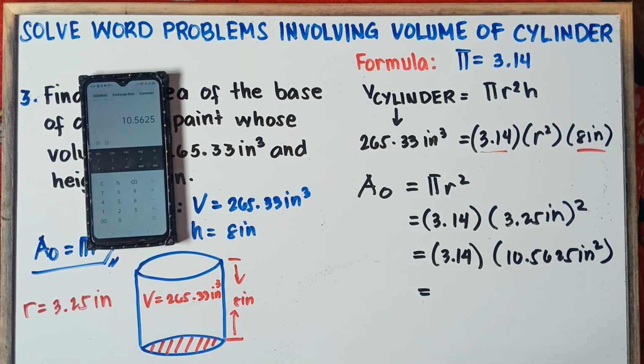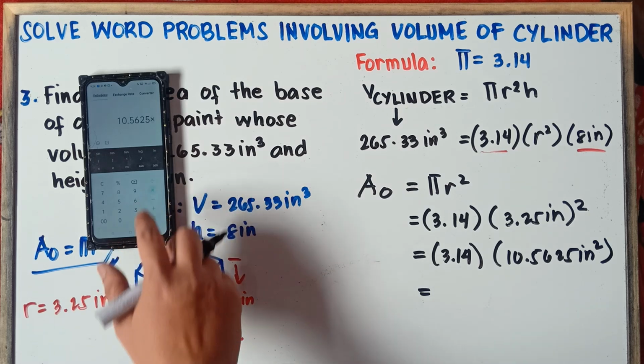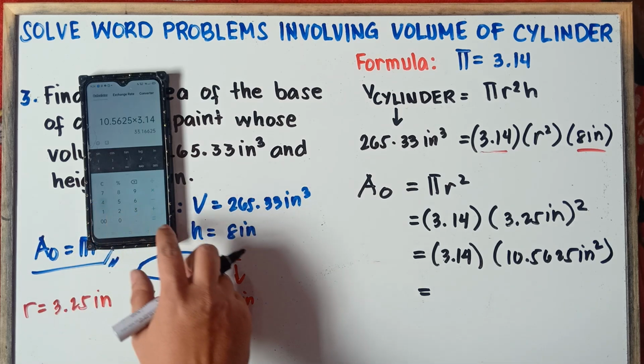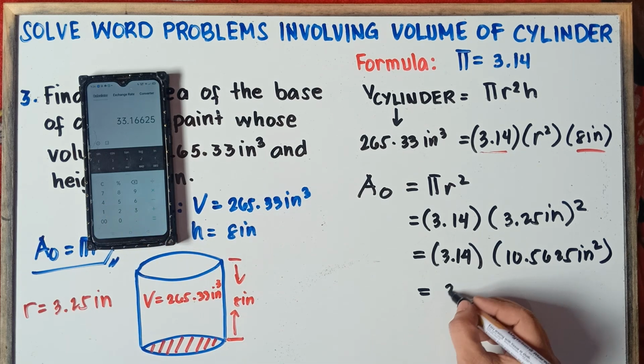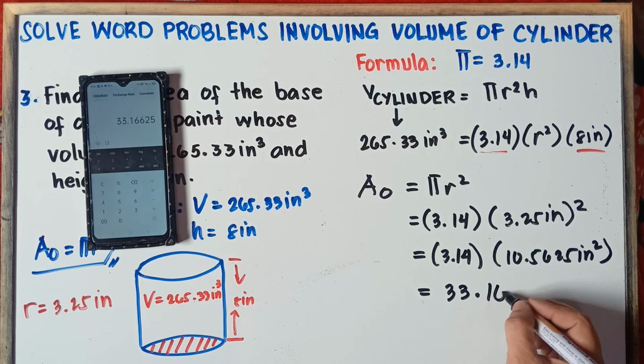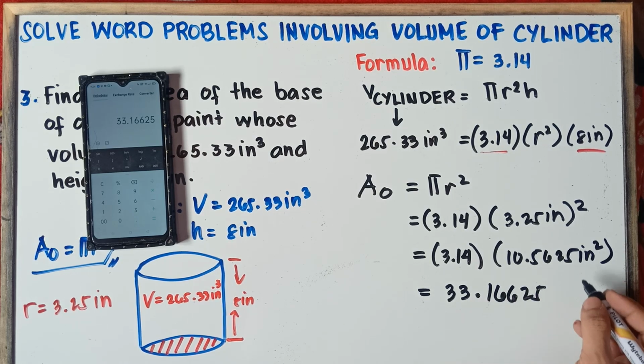Then simply multiply this one and you're all set. So 10.5625 times 3.14, and the answer would be 33.16625, in square inches.